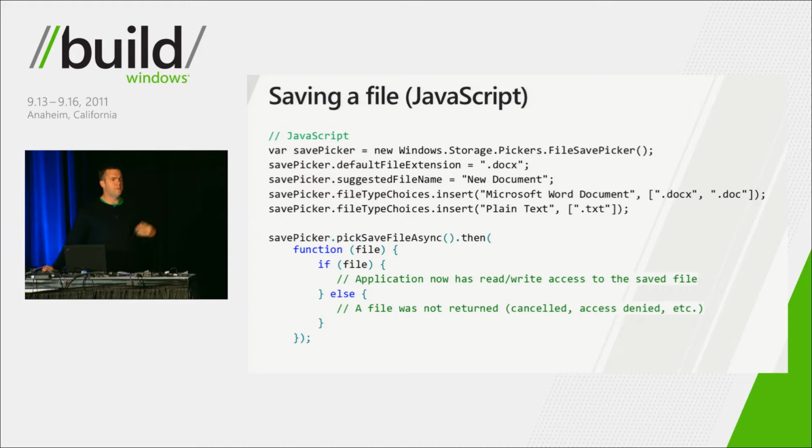There's also support for multiple formats. In this case, we're offering the user a choice to save it as a Word document or as a plain document. You make a call to the file picker dialog, and if the user successfully completes it and hits save, you'll get back a file storage item. You'll open it and write out the file.